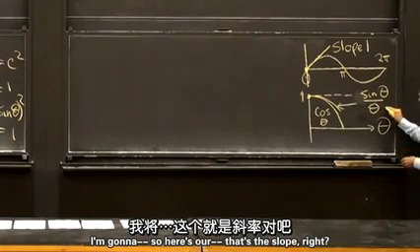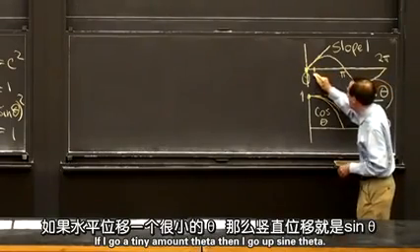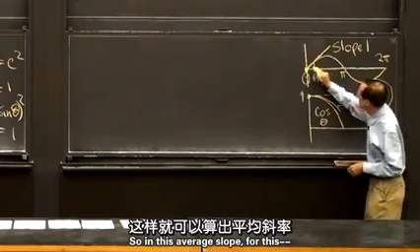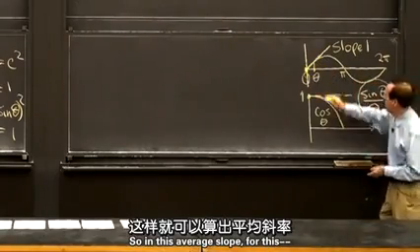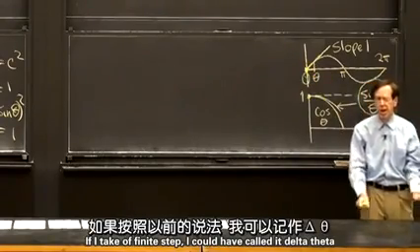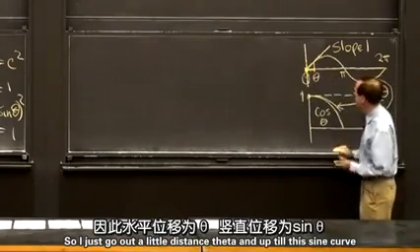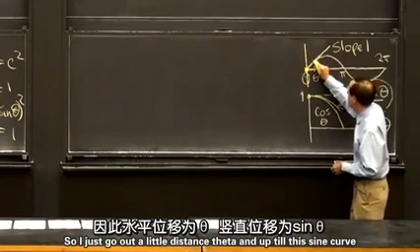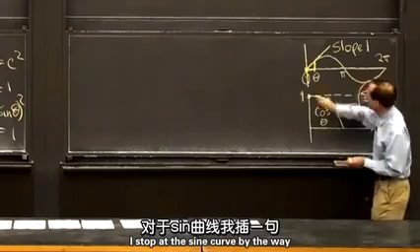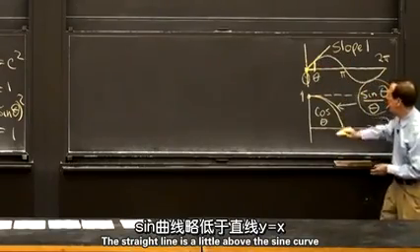So here's our, that's the slope, right? If I go a tiny amount theta, then I go up sine theta. So in this average slope, if I take a finite step, I could have called it delta theta, but I don't want to write deltas all the time. So I just go out a little distance theta and up to the sine curve. The straight line is a little above the sine curve here.